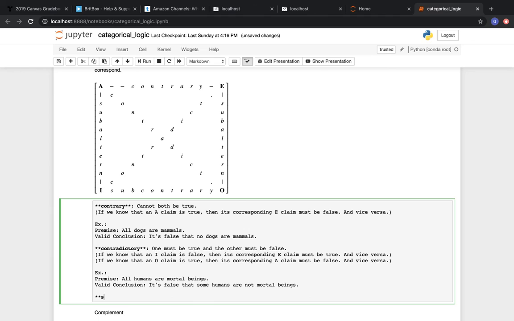Let's say a word about subalternation. This one is a little bit more complex, but basically what it says is this: if a universal claim is true, then so must the corresponding particular claim be.